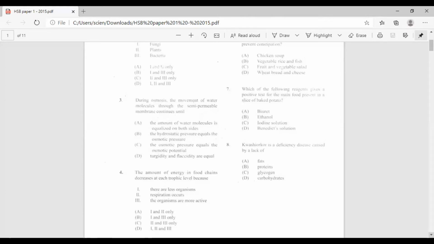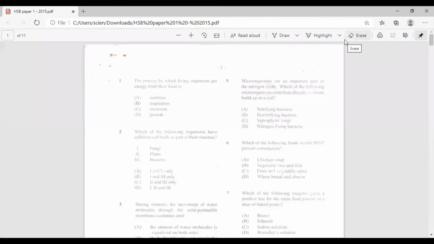I don't think the organisms being more active would cause them to lose more energy. So I would go with 1 and 2, and that is A. I'll go with A.